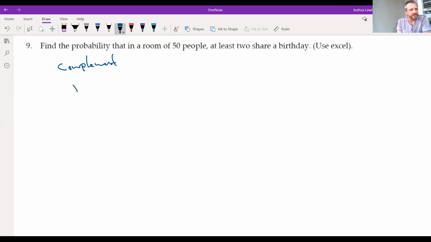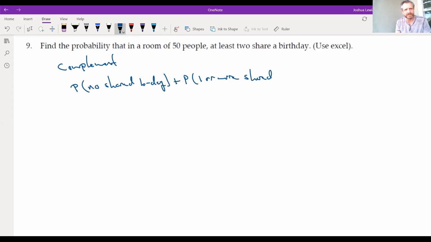So the probability of no shared birthday plus the probability of 1 or more shared birthdays is 1. And so the probability that at least 1 birthday is shared is going to be 1 minus the probability that no birthdays are shared.